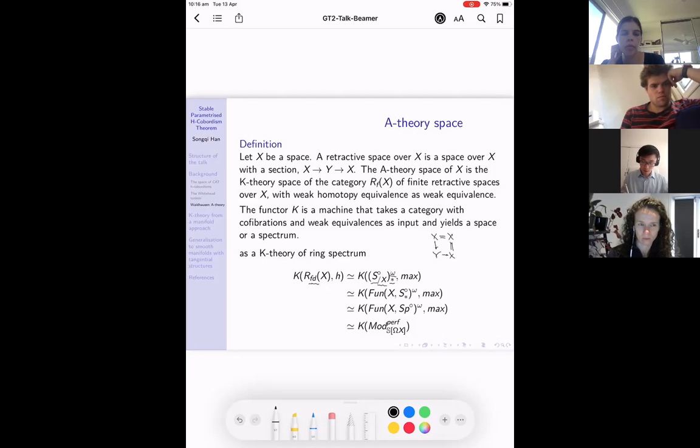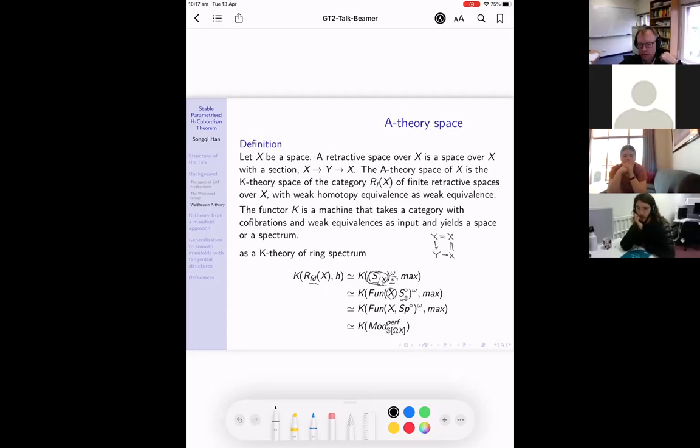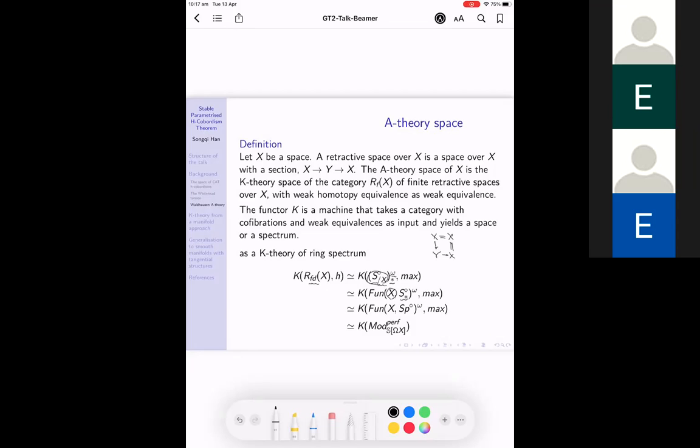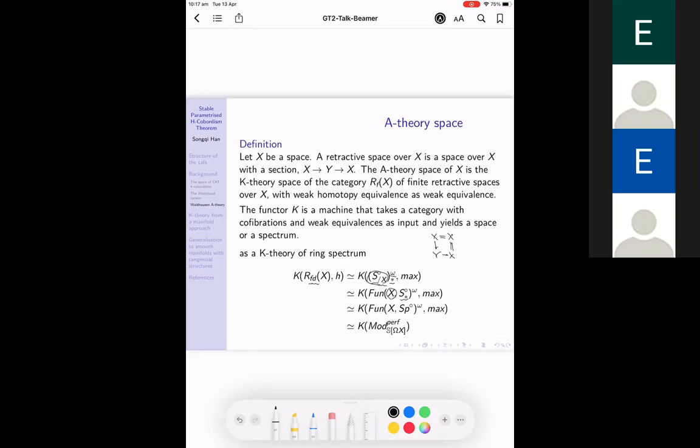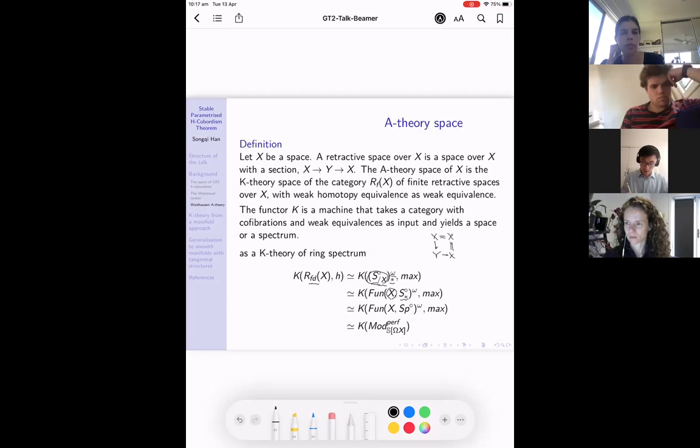With this, there's a categorical equivalence between spaces over X and functors on X, or the category of diagrams on X with values in pointed spaces. And we know that the functor K is an additive functor, which means taking the colimit with respect to suspension gives us a homotopy equivalent K-theory space, which gives us the third homotopy equivalence, because taking the colimit with respect to suspension makes this pointed space into a spectrum.